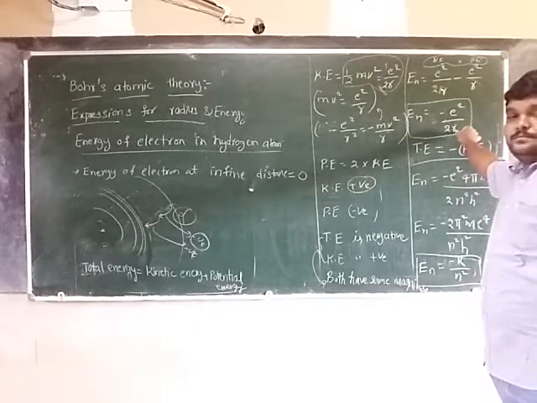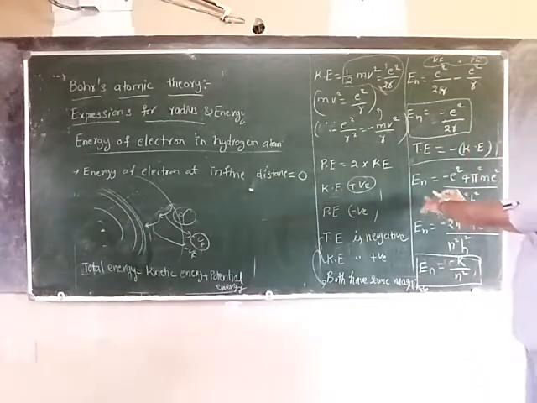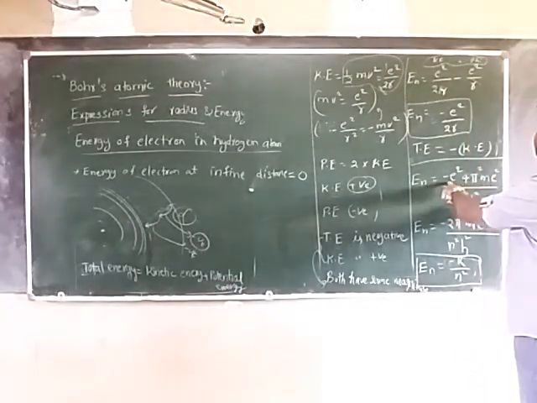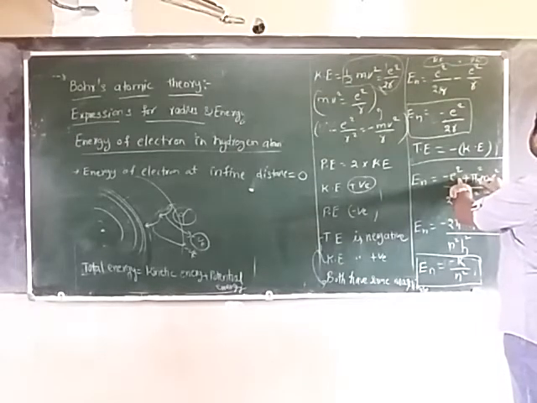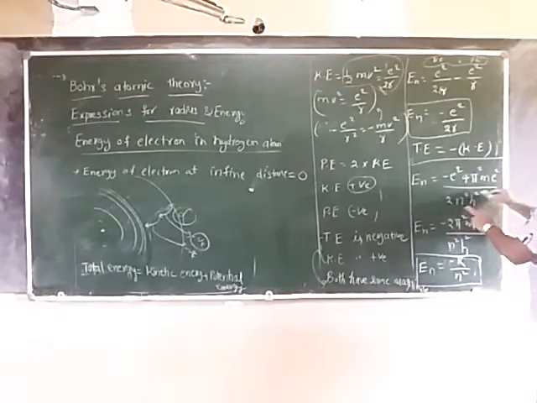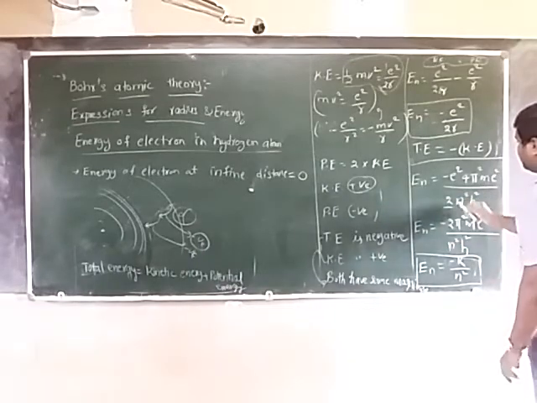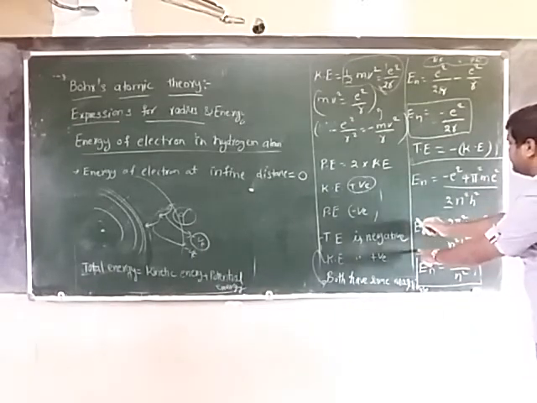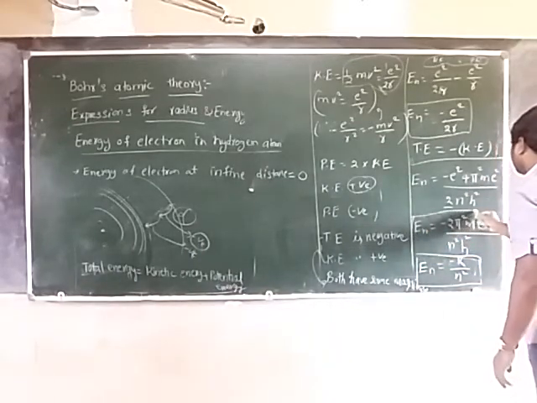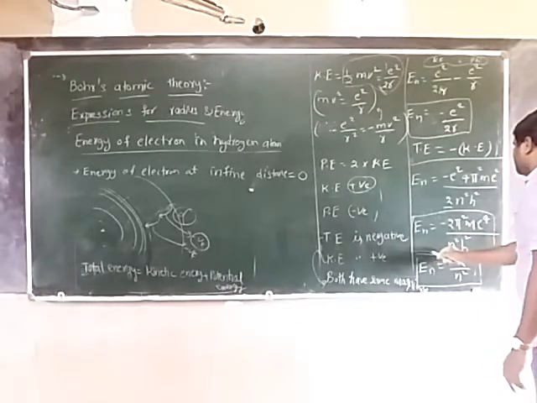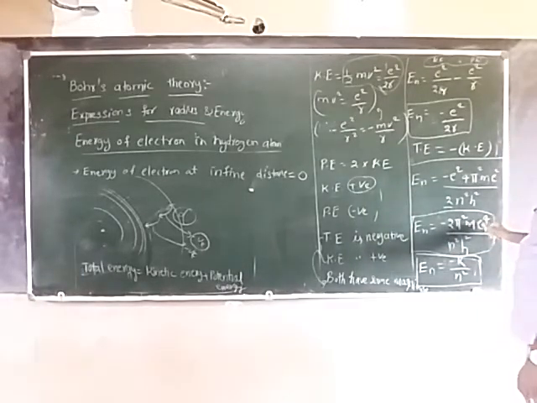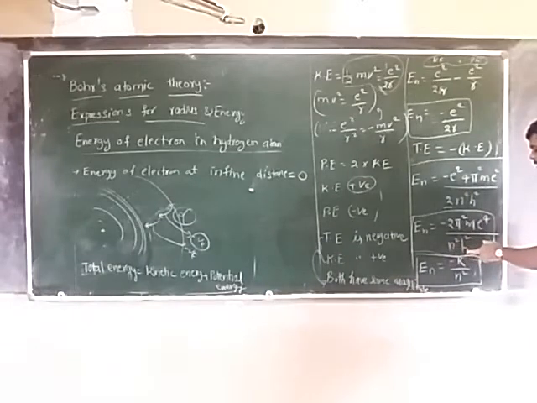Substitute the value of r. We will get En is equal to minus e square times 4 pi square me square by n square h square times 2. Now if you cancel that 2, then finally what are we getting? En is equal to minus 2 pi square me4 by n square h square.